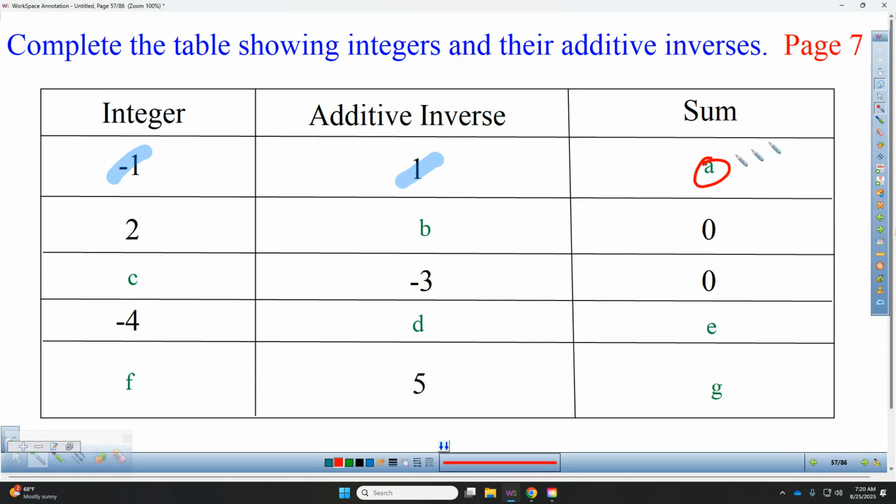So if we go to 2 plus what equals 0? So what would we have to add to 2 to get it to 0? Please write down what you think the answer would be. Hopefully you're saying negative 2.